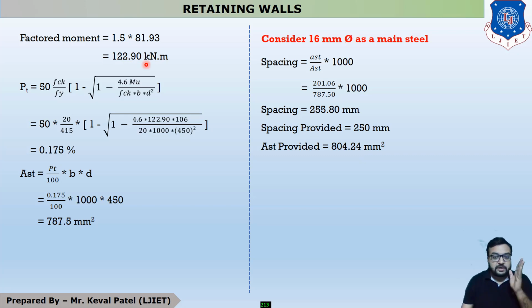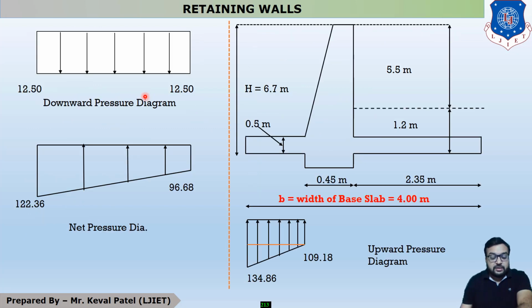So we have to convert kilonewton meter to newton mm. So it is 122.90 into 10 raised to 6, divided by FCK equal to 20, B equal to 1000, because we have to calculate all the forces and all the moments per meter length, and our value of small d is 450, because you all know that our total thickness of toe slab is 0.5 meter, which is equal to 500 mm.